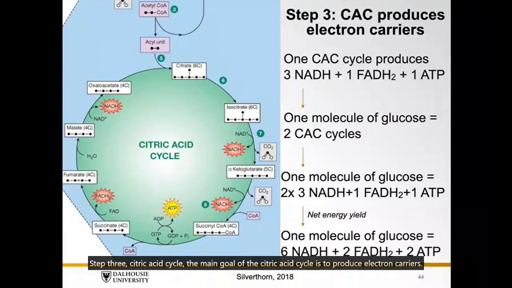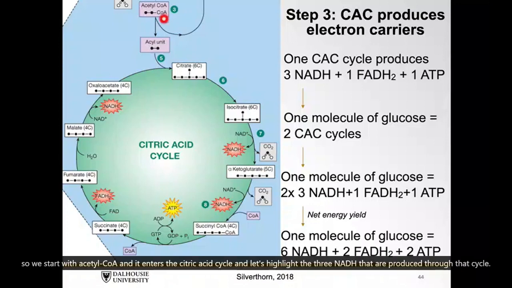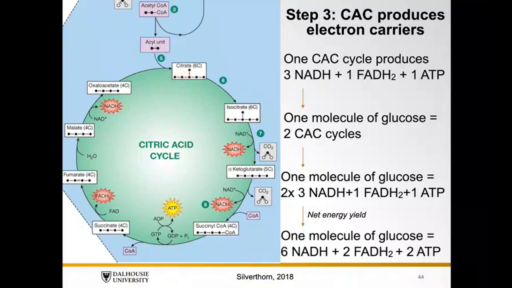Step 3 is our citric acid cycle. The main goal of the citric acid cycle is to produce electron carriers. Once again, there are many intermediates in that cycle, but I want us to focus on the energy yield of that cycle. So we start with acetyl-CoA and it enters the citric acid cycle. Then let's highlight the 3 NADH that are produced through that cycle.